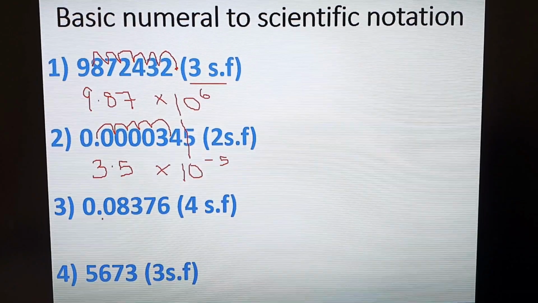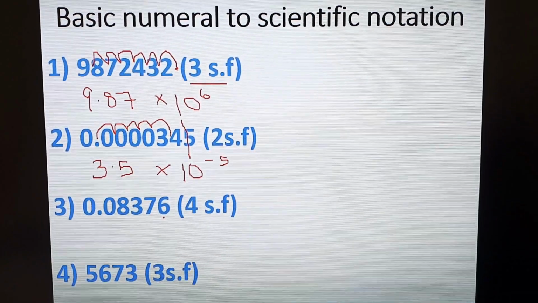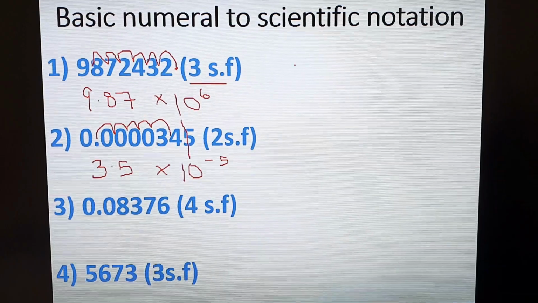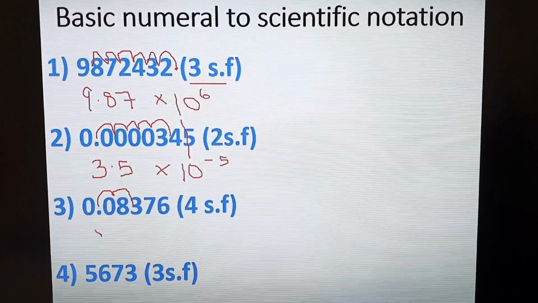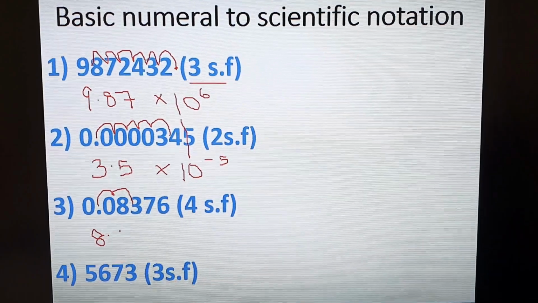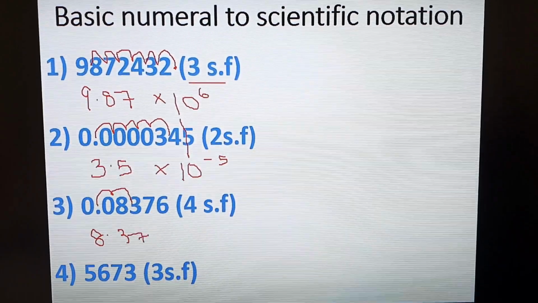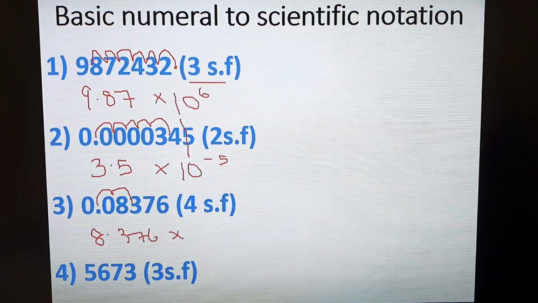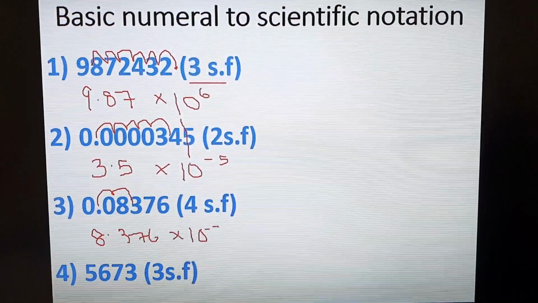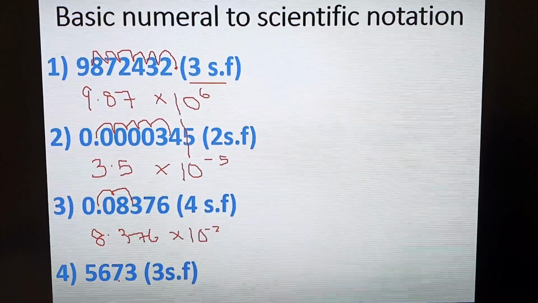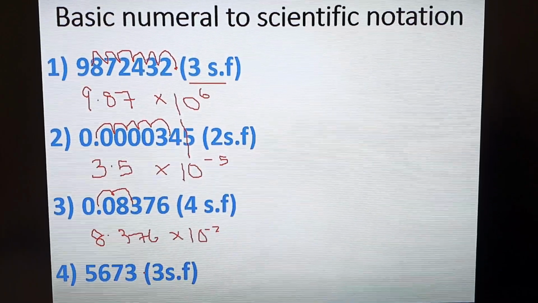Over here, four significant figures. Basically, every number that you see here stays. I'm going to write it in scientific notation. So 1, 2, so 8.376 times 10 to the negative 2. Negative because it's a small number. And over here, last one, three significant figures in scientific notation.